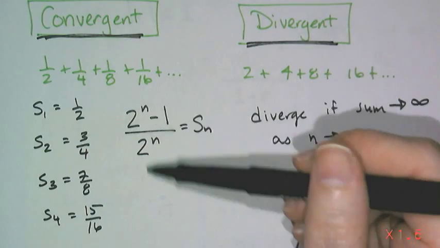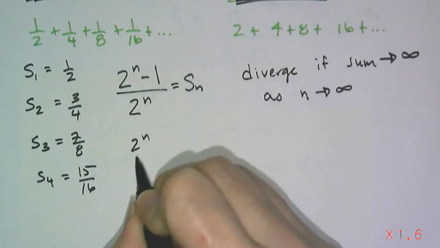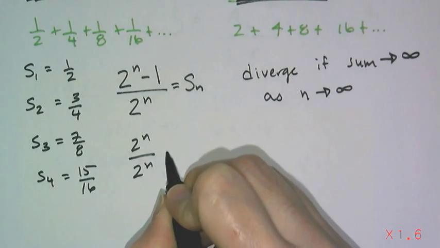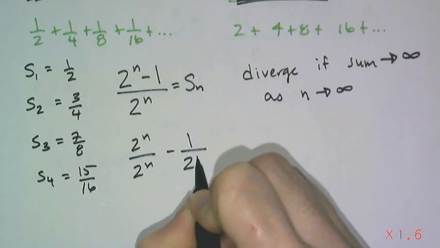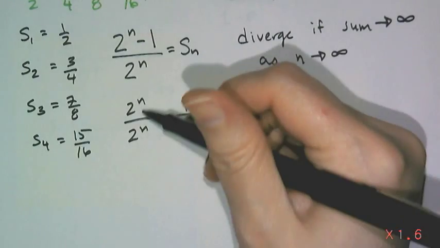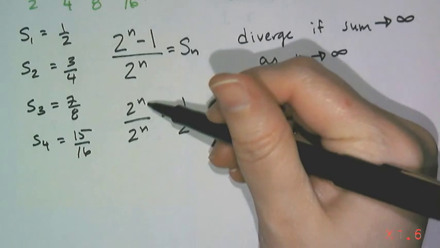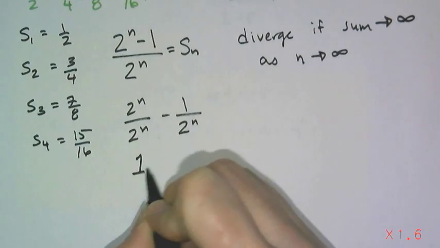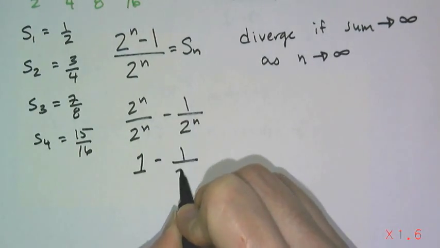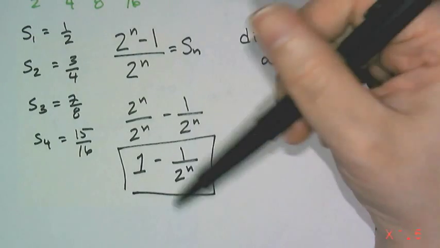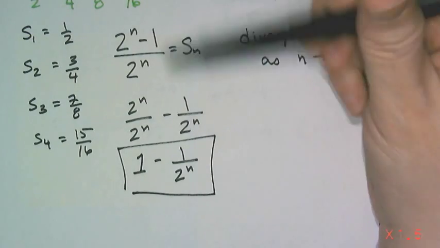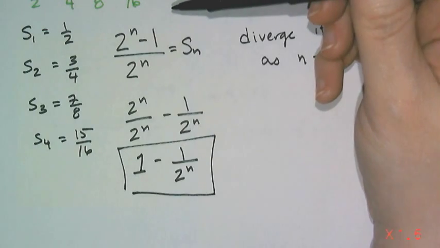Now, if I break it up, 2 to the n divided by 2 to the n, minus 1 over 2 to the nth power, this 2 to the n over 2 to the n is 1, and I'm subtracting off 1 over 2 to the nth power. And this is the key to figuring out what this series is going to converge to.